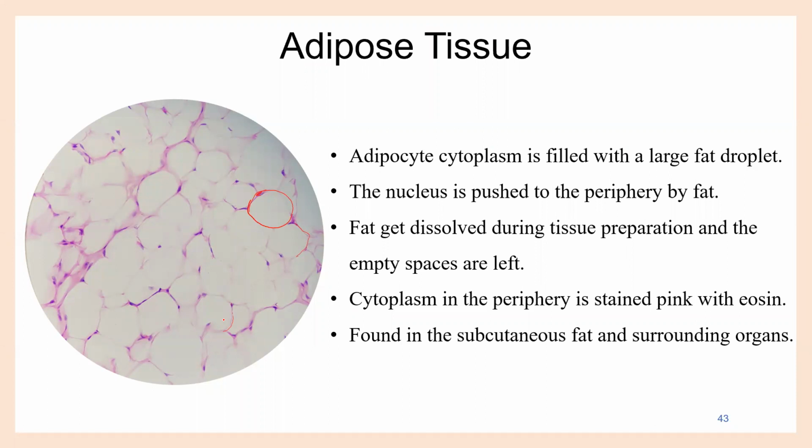In the abdominal cavity, you get lots of fat being deposited. Okay, so it is subcutaneous fat as well as the fat which is inside the abdomen, in the peritoneum and also surrounding organs, right? So all that is made out of adipose tissue.